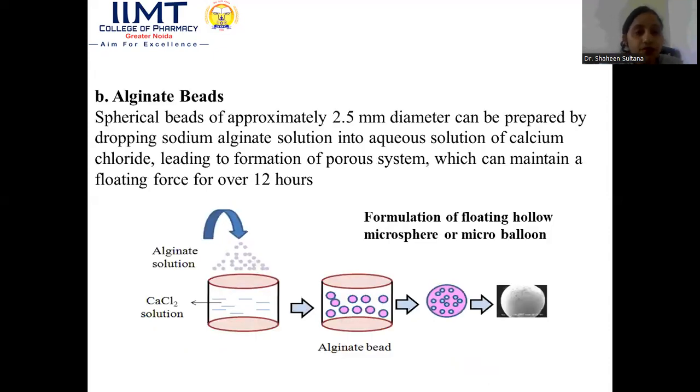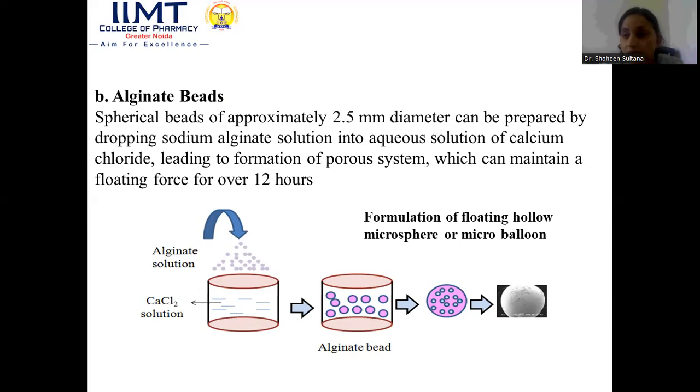Then the second form is known as the alginate bead. Spherical beads of approximately 2.5 millimeter diameter can be prepared when sodium alginate solution is dropped into an aqueous solution of calcium chloride, which leads to the formation of a porous system that can maintain floating for over 12 hours. This system is a little bit different, as the formation of microspheres involves a cross-linking process.